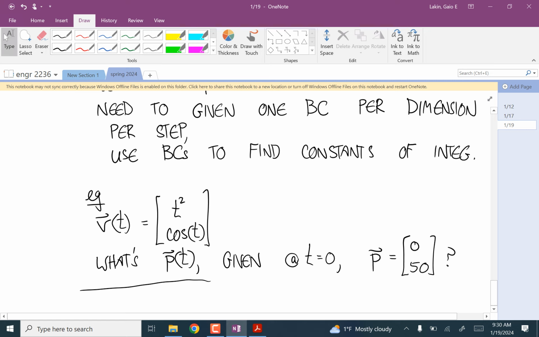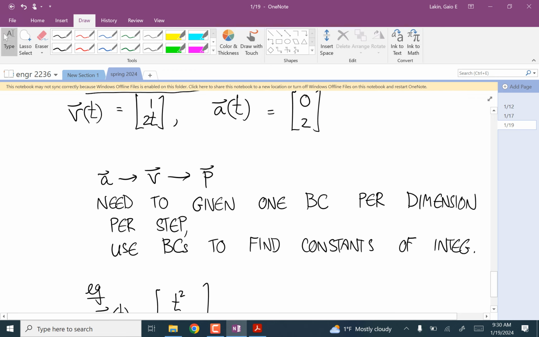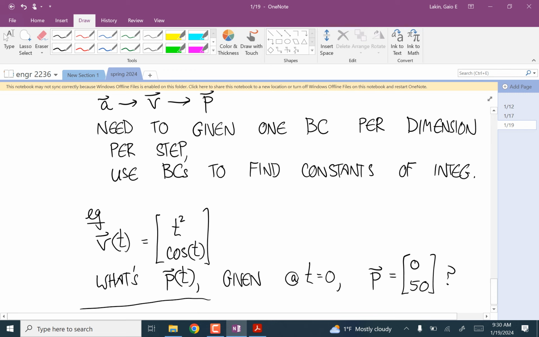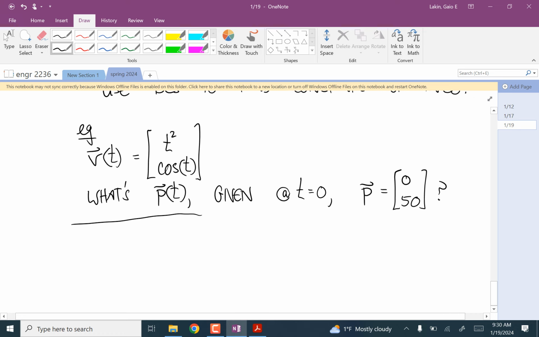Okay, so this rule says, well, we're taking one step in this path. We're going from velocity to position. So we need one boundary condition per dimension. This is a 2D problem, so we need two boundary conditions, one for x and one for y, and we're given them here. When t is equal to 0, the x component of position is 0, and the y component of position is 50. Okay?